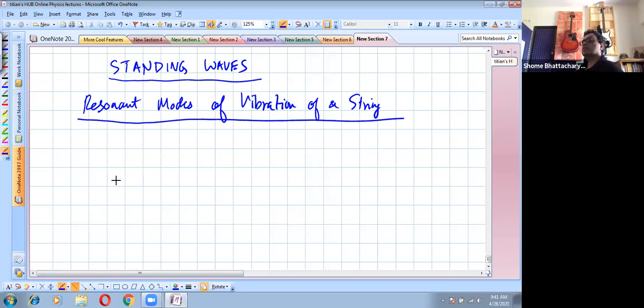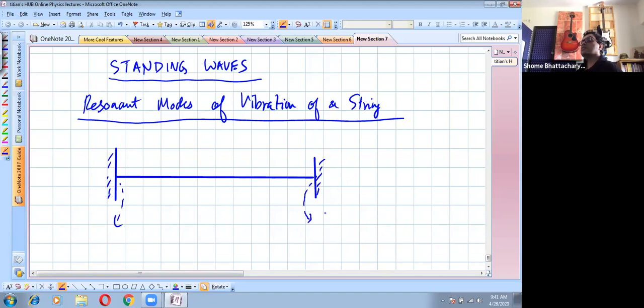So if we have a string which is between two rigid boundaries, like this here and this here, they are fixed ends.